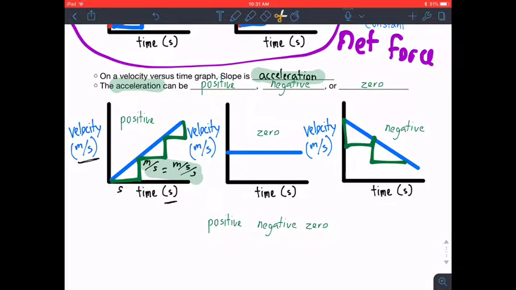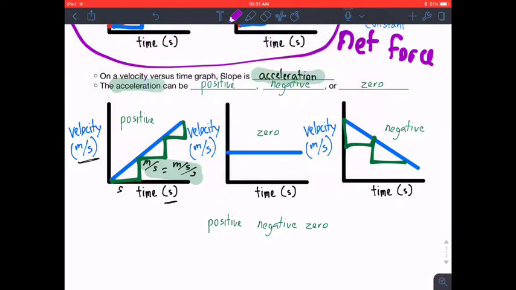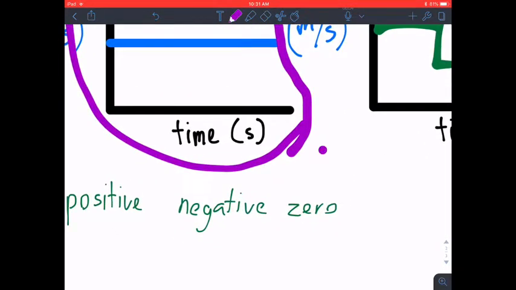Now, again, how does this relate to forces? Well, if the acceleration is 0, there is no change in speed. We're moving at constant velocity. And so there would be, in this case, no net force.